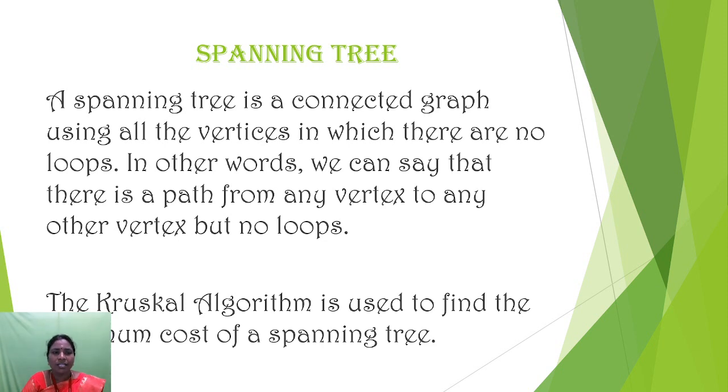So what is the meaning? In the next slide I will explain clearly what vertices and edges are. Then only you can know how we make the spanning tree without loops. In other words, there is a path from any vertex to any other vertex but no loops.